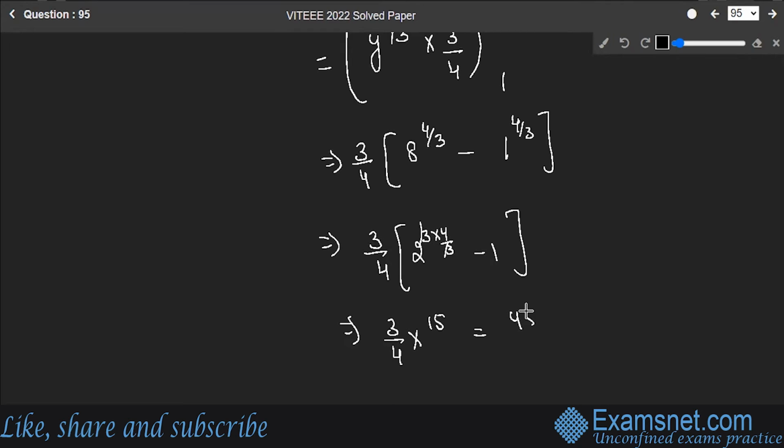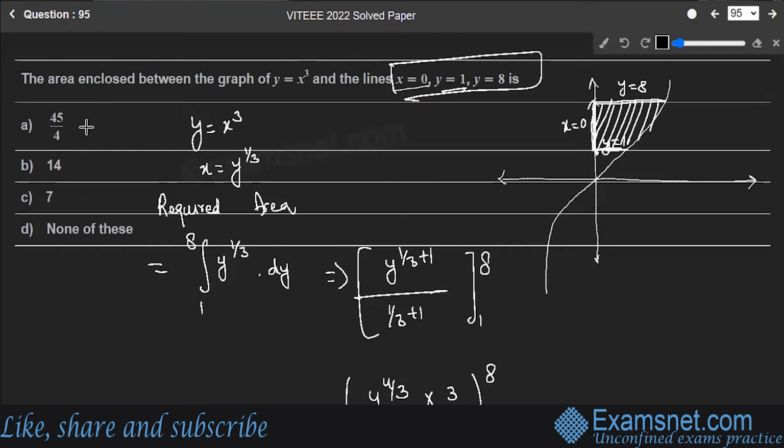This gives you 45 upon 4 square units. So that makes your option A the correct answer. Hope you understood this.